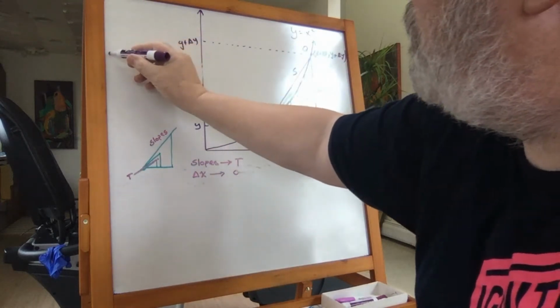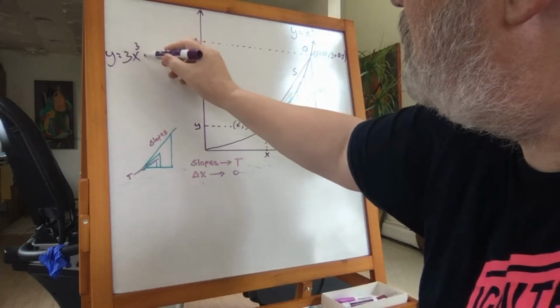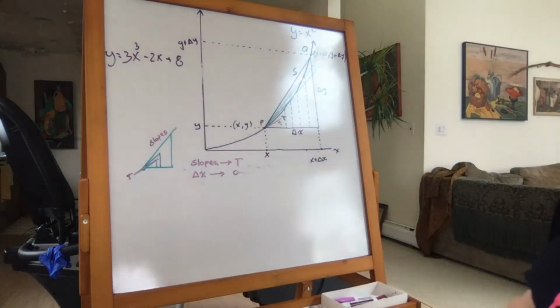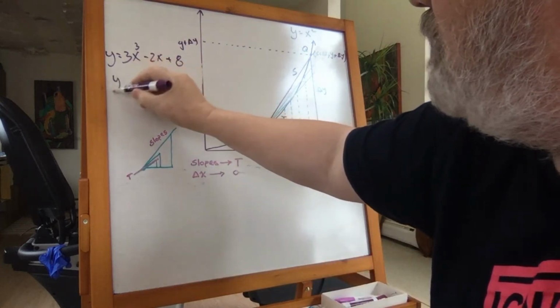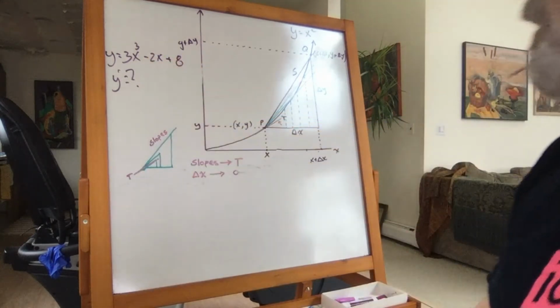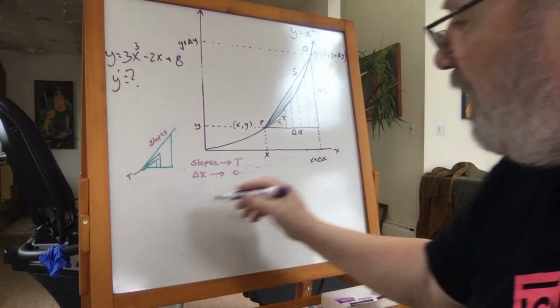Let's say we have y equals 3x to the third minus 2x plus 8. What is y prime, or the derivative of that? Well, we can go through the same thing.